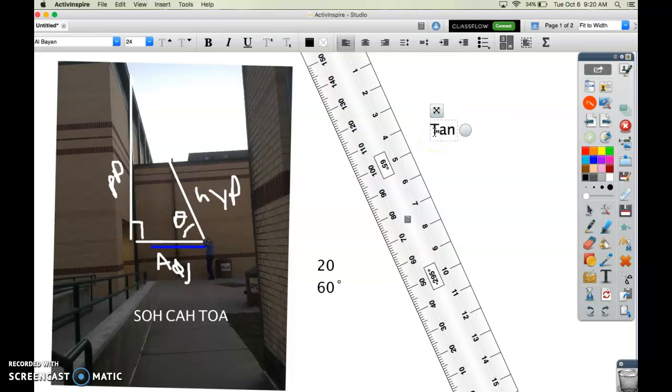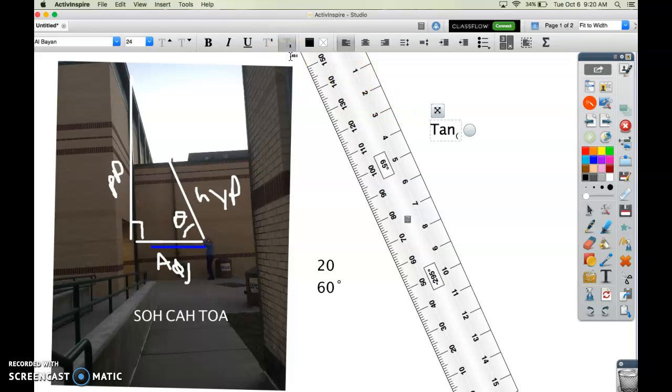tangent of the angle, which we're going to say is 60, okay? Tangent. I don't know why it's doing a little thing there like that, but it is.